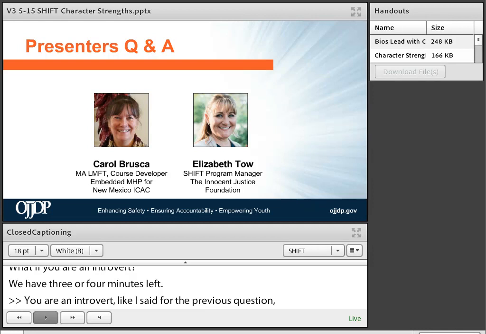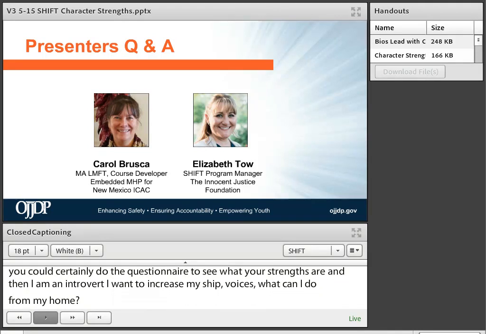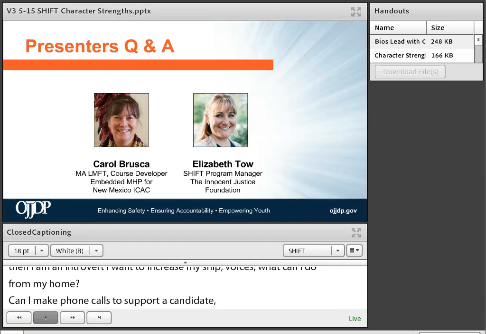Can I write a blog from my home computer about a cause that's important to me? If I want to strengthen my kindness and I'm an introvert, I can write a card that says great job and leave it anonymously on my coworker's door. So it's a matter of doing what feels comfortable to you when you know what your strengths are.